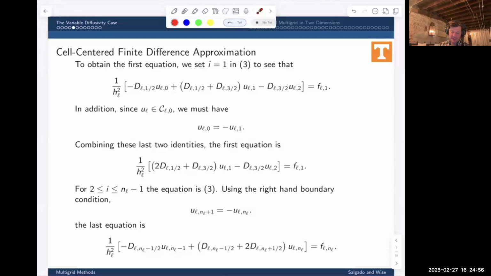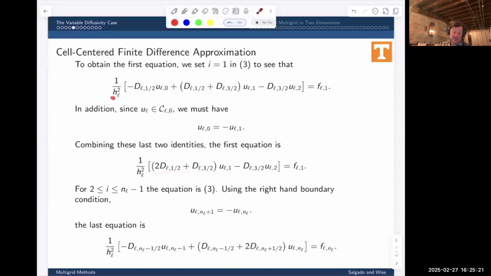So if I substitute this value in for this value here, then that means that this value is gone, and I can combine what results with this term. If I do that, then what changes is instead of getting this coefficient in front of this value, I get this new coefficient.